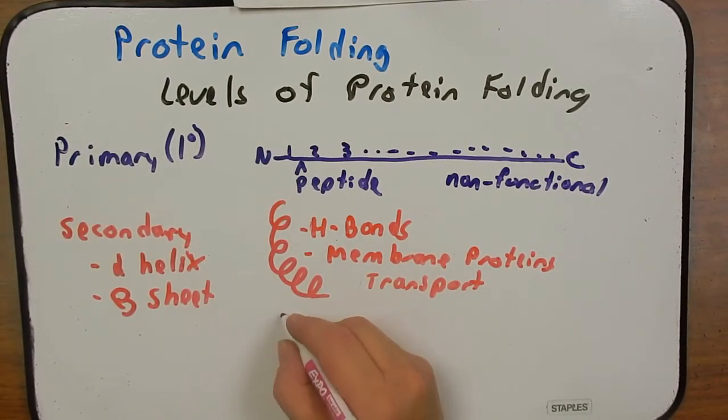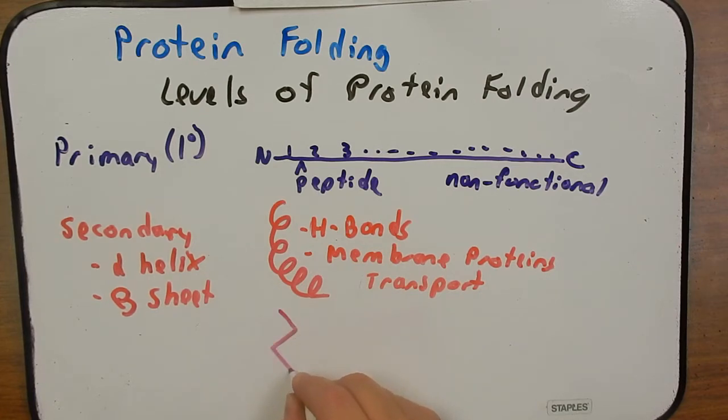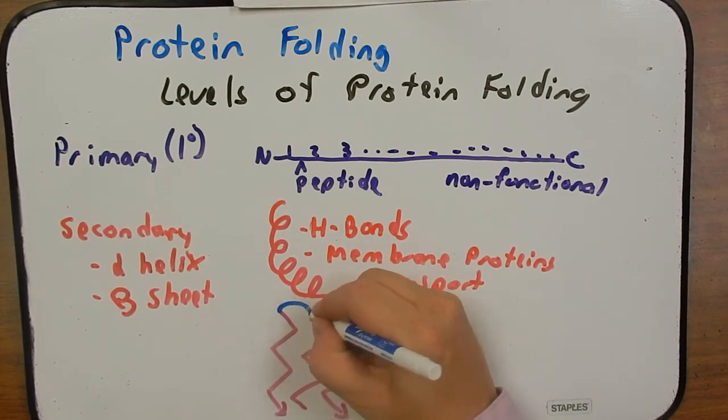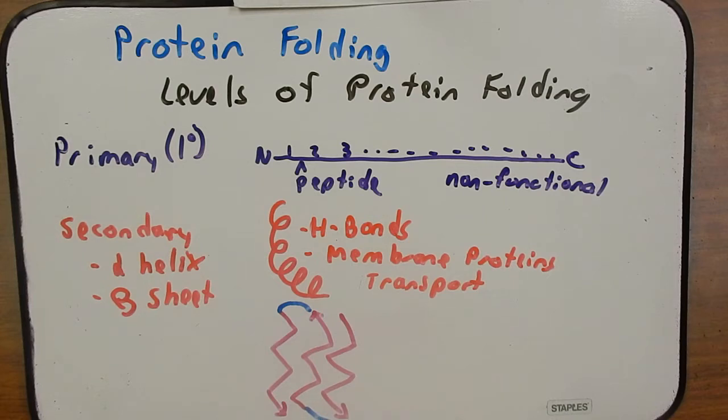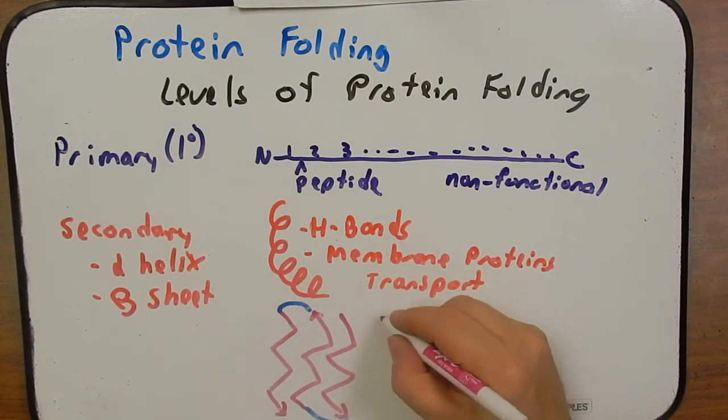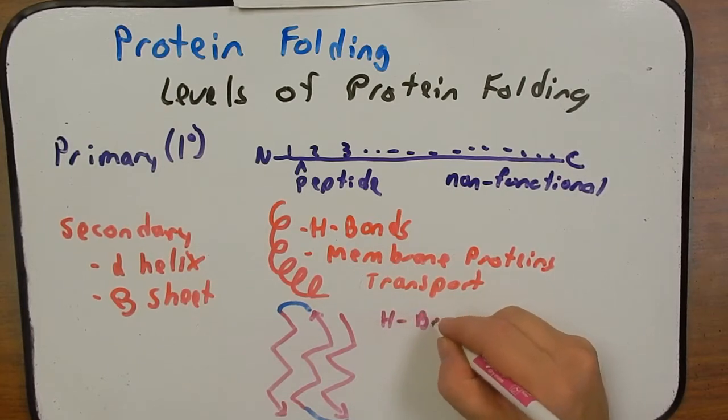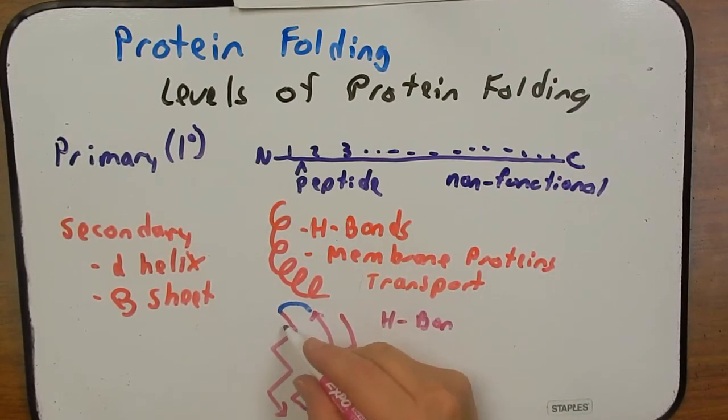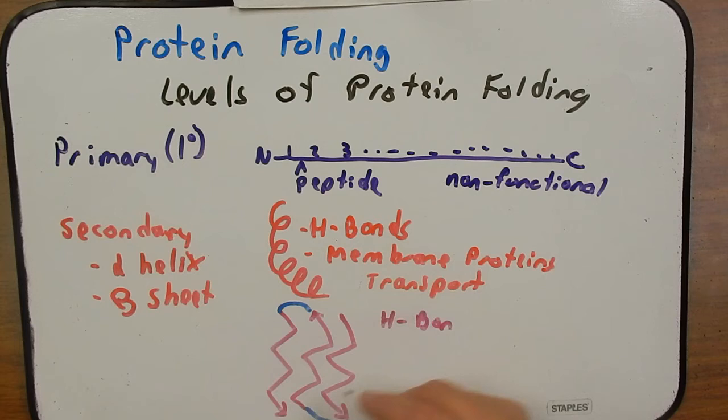Beta sheets can be drawn sort of like this, where they have these distinct edges to them, like so. And they're connected with each other by these linker pieces of amino acids, like so. Like the alpha helix, they're characterized by hydrogen bonds. Again, local interactions to form these kind of steps here.